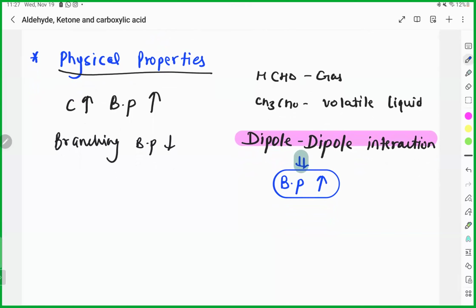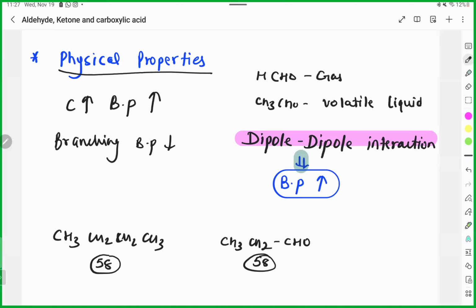Example, if you take butane, CH3CH2CH2CH3, here molar mass will be 48 plus 10, 58, correct? And now you take CH3CH2CHO. What is the molar mass in this case? 36 plus 6 plus 16, again 58. Both have exactly the same molar mass, 58.